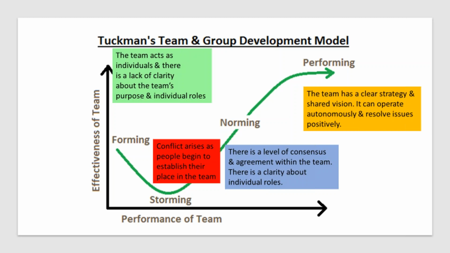And I hope you've had a chance to observe your teams, and I hope you've had a chance to consider some of the strategies that I talked about in relation to moving your team on to the next phase. And that was essentially what that was about.